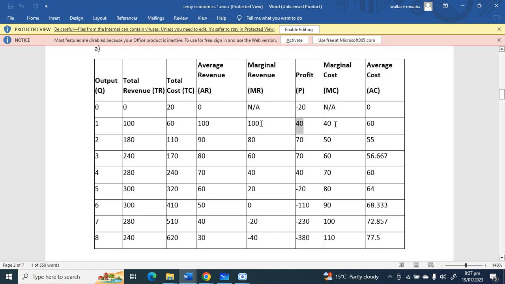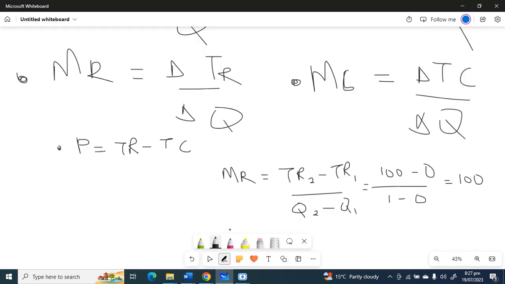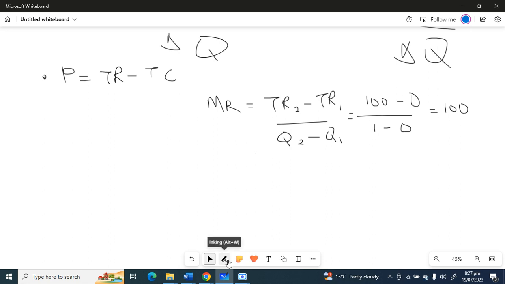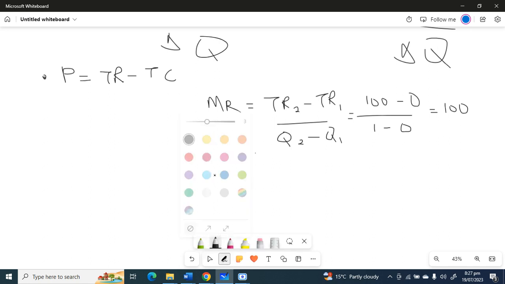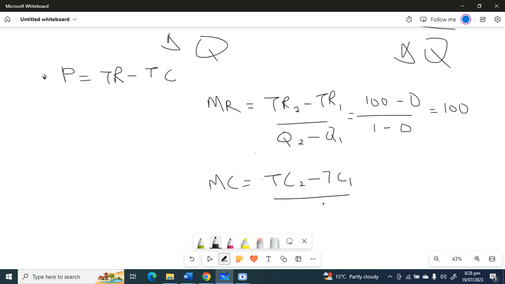Marginal cost, change in total cost. So you're going to say TC2 is 60 and TC1 is 20. So we just represent it like this. Marginal cost, TC2 minus TC1 over Q2 minus Q1.